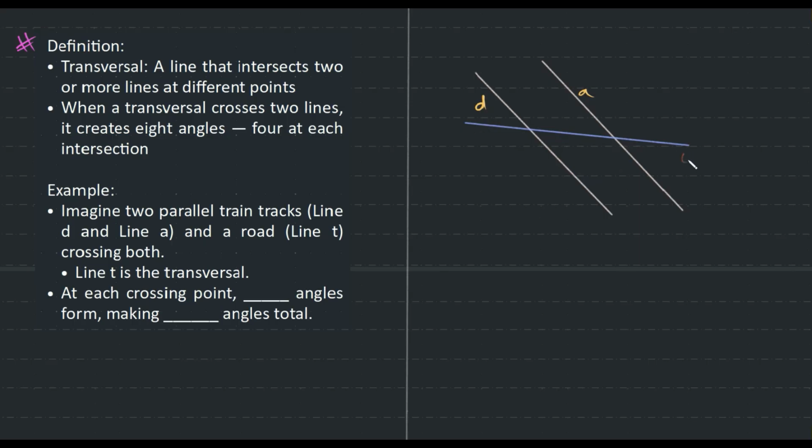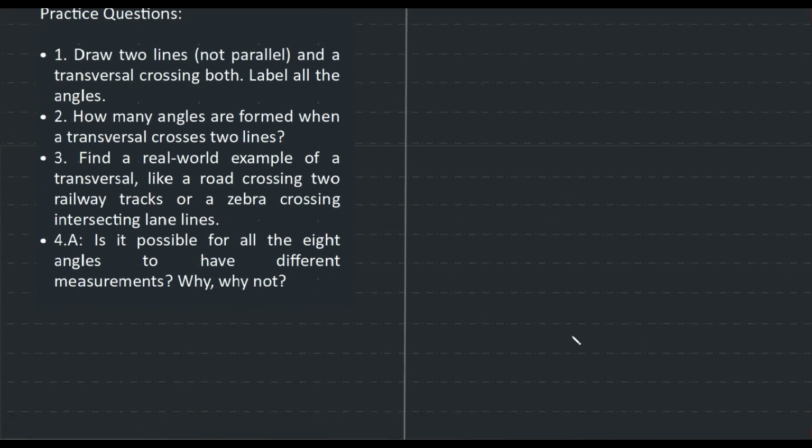Let me call it T. Line T is a transversal line. So we have 1, 2, 3, 4, 5, 6, 7, 8, 8 angles. At each crossing, 4 angles are formed, making 8 angles in total. Can you see that? Right? Such small observations will help us.